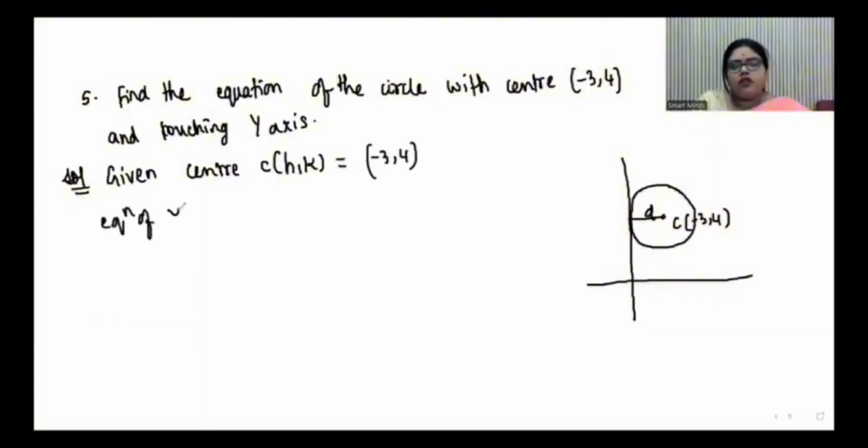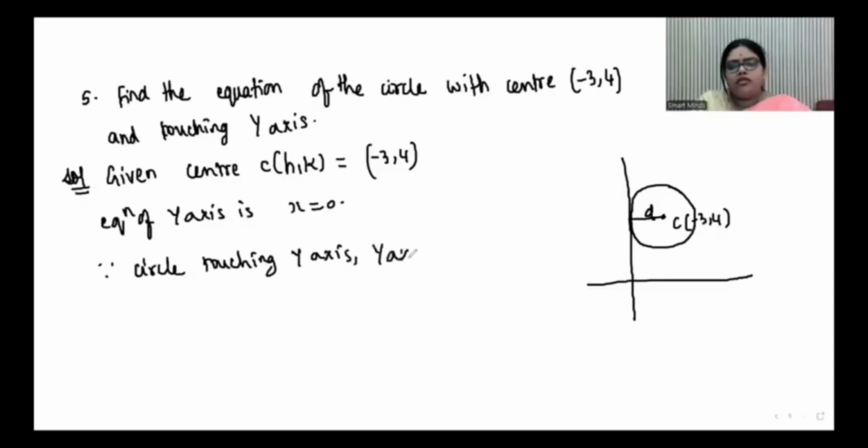Now what is the equation of y-axis? Equation of y-axis is x is equal to 0. Now since the circle touching the y-axis, what does it mean? That means y-axis is the tangent. So what is radius? Radius is equal to perpendicular distance.